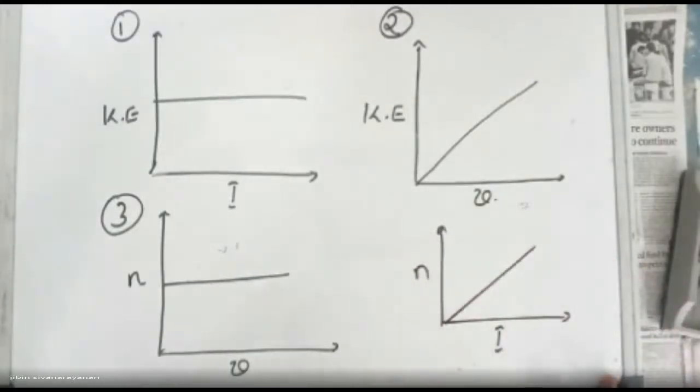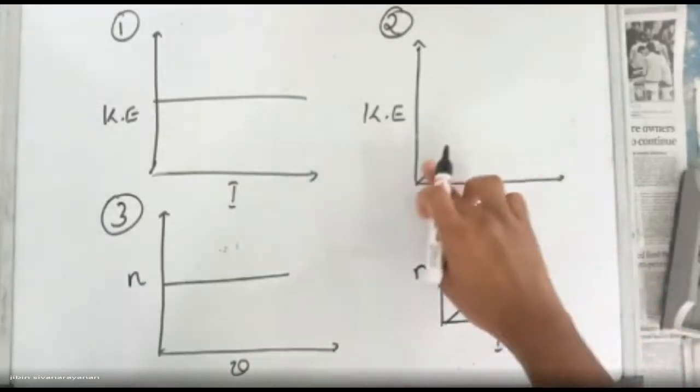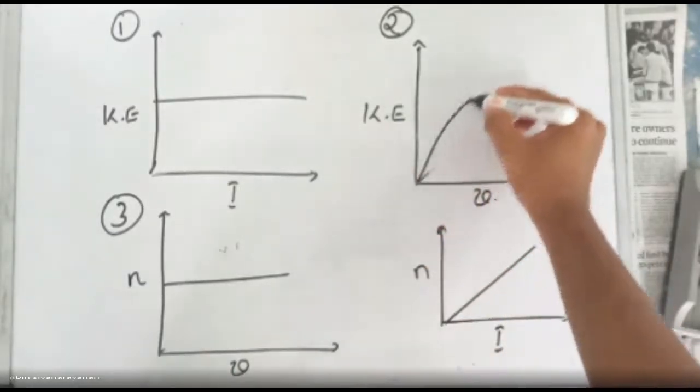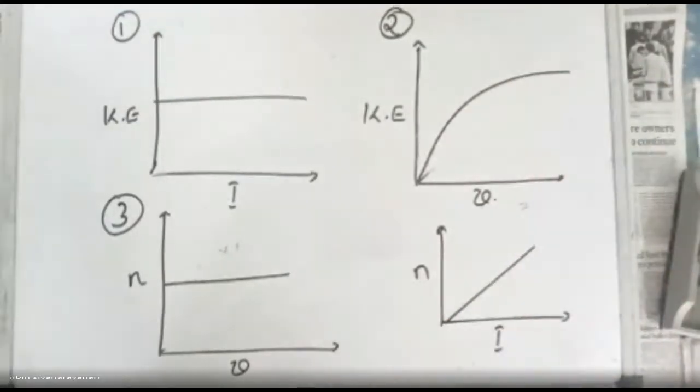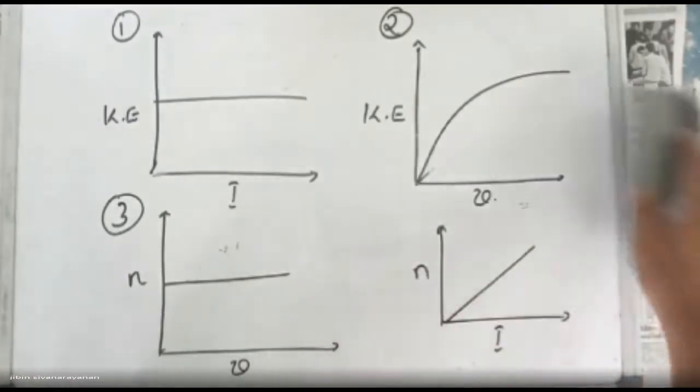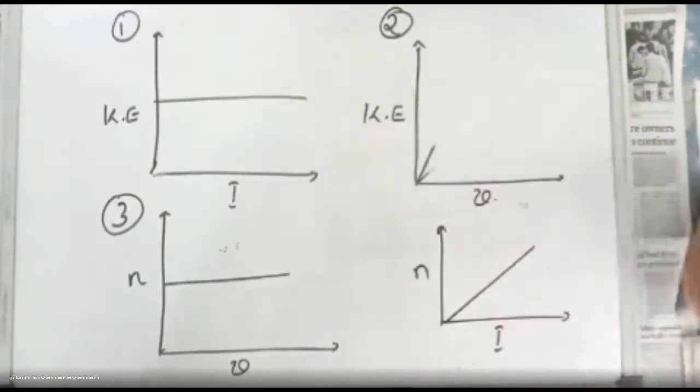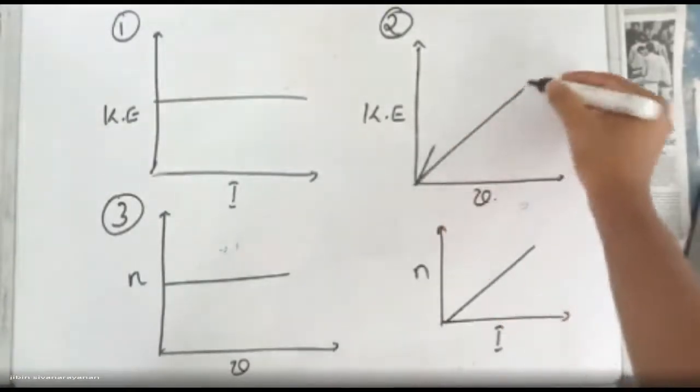They vary linearly, and you have to keep that in mind. This is also a kind of increment, but it is not linearly increasing, it is exponentially increasing. Our graph is linearly increasing.